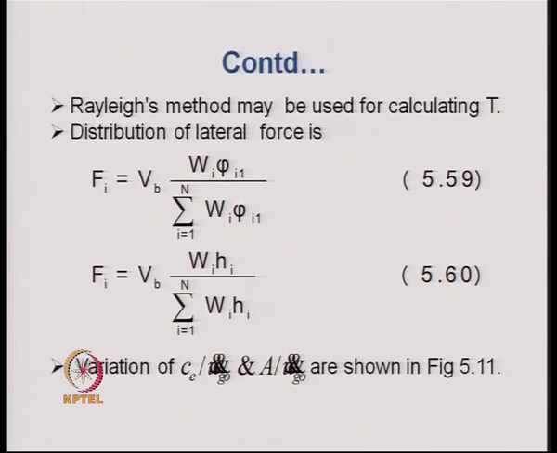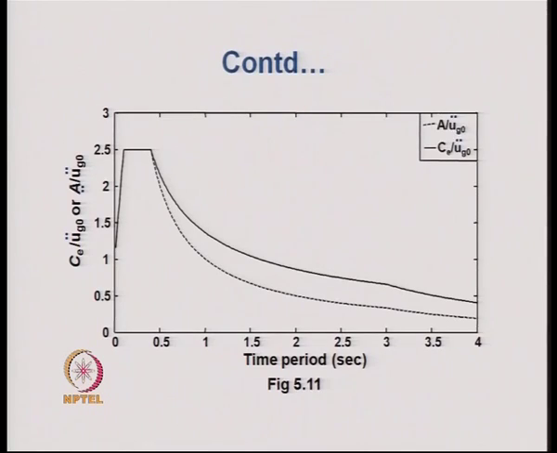Now, in this case either one can use the second formula, which is Wi into Hi, a height dependent variation, or one can use the first equation, where phi i1 etc. depends upon the mode shape coefficient in the first mode. 1 indicates the first mode, i indicates the floor. So, either of these formulas can be used for obtaining the value of Fi at different story levels.